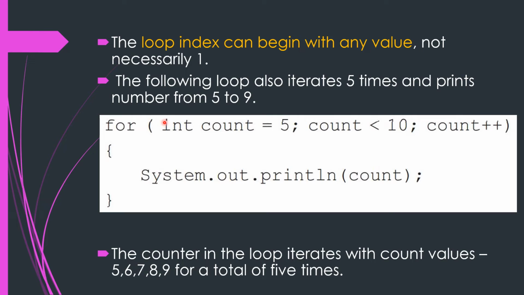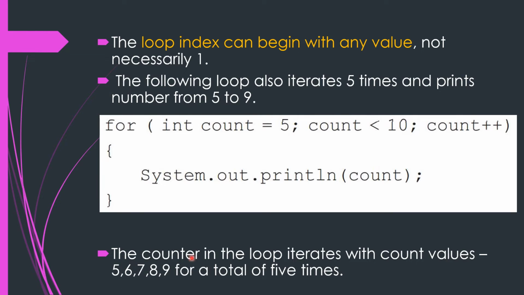So this loop iterates 5 times, means it will go through the loop 5 times, and it will print the numbers from 5 to 9. It is an example that the loop index can begin with any value, 5 also, and it is not necessary that it will begin only with 1.